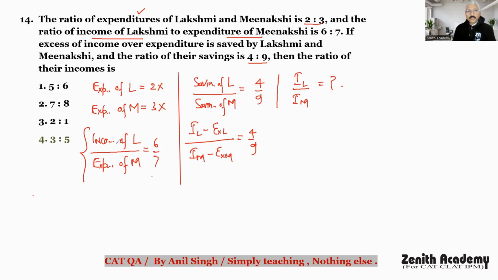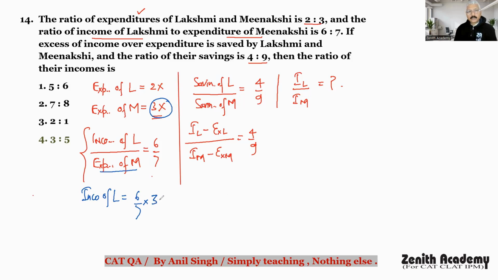Okay. Income of Lakshmi, expenditure of Meena is 3x. So here, income of Lakshmi will be 6 by 7 of the expenditure of Meena, which is 3x.